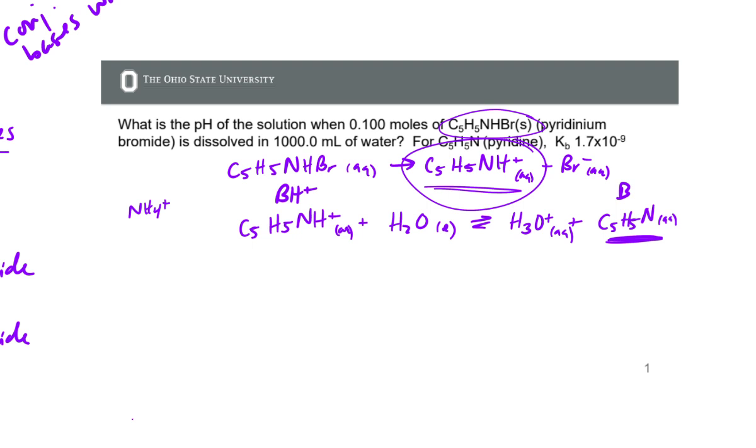We put a salt in water, we know how it's going to dissociate because we remember the solubility rules, and then we can set up an ICE table. So we have 0.1 moles per liter of our BH+, 0 on the product side, minus X on the reactant side, plus X on the product side.